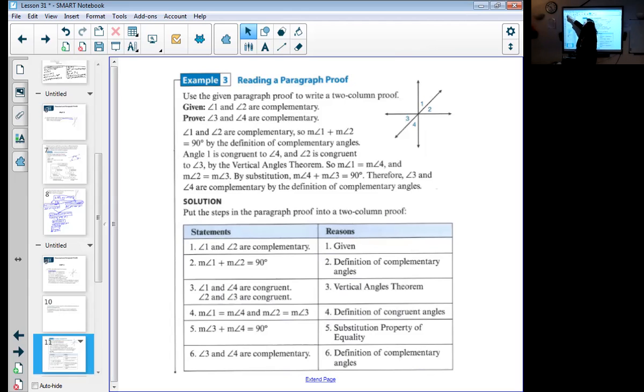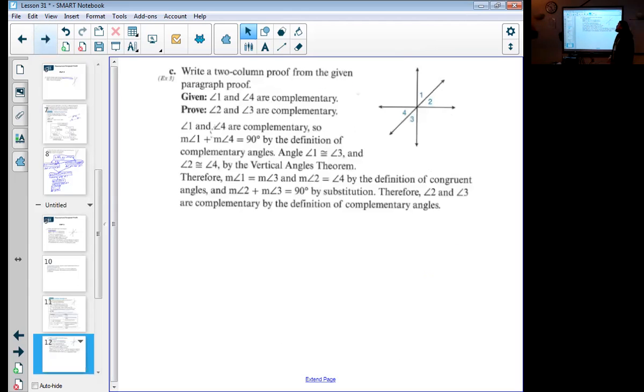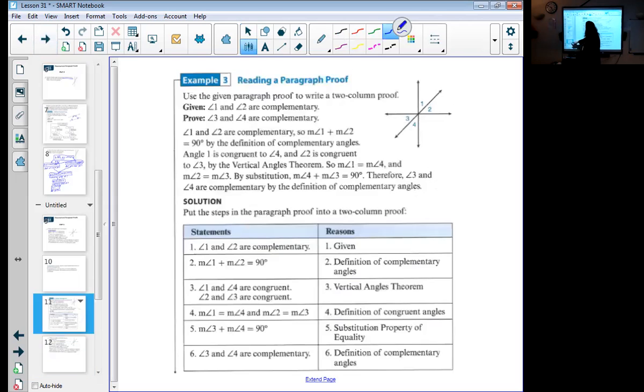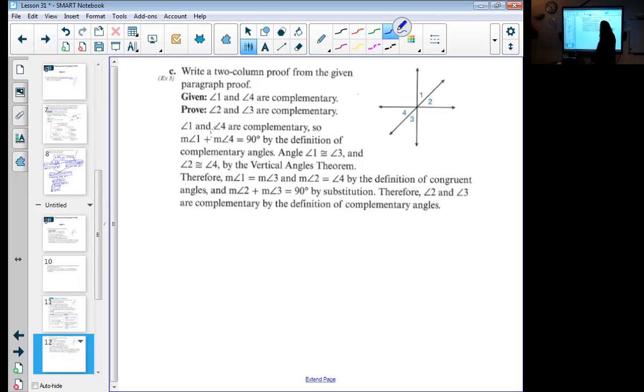Now let's go back to the question for this part. It says we have been given that angle 1 and angle 4 are complementary. We want to prove that angle 2 and angle 3 are complementary. So you have that these two are complementary, 1 and 4.